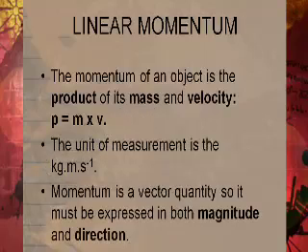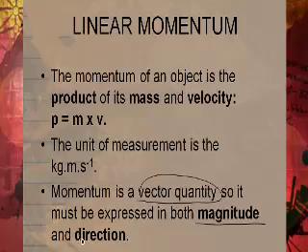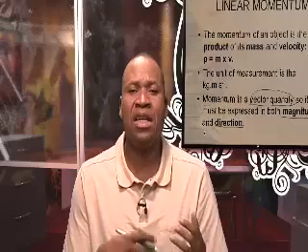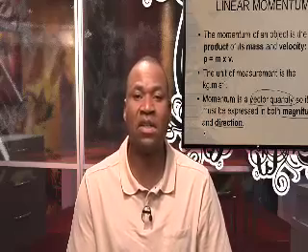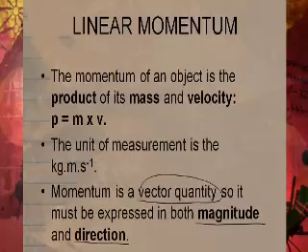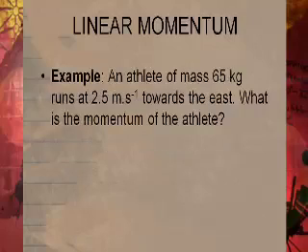Momentum, just like acceleration and velocity, is a vector quantity, and therefore we need to express it in both magnitude and direction. So we need to be wary of the direction of motion every time we talk momentum, acceleration, and velocity. An example here: an athlete of 65 kilograms running at 2.5 meters per second towards the east.